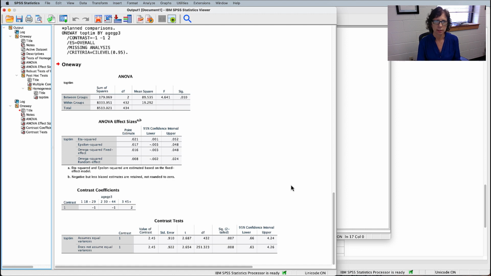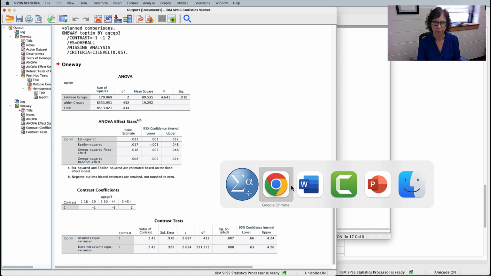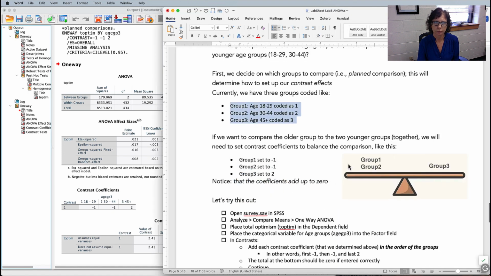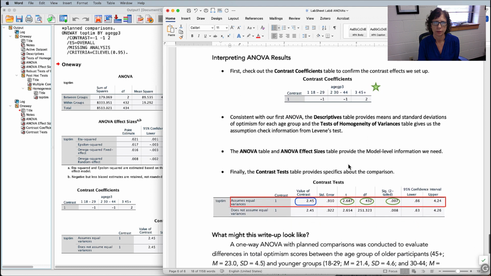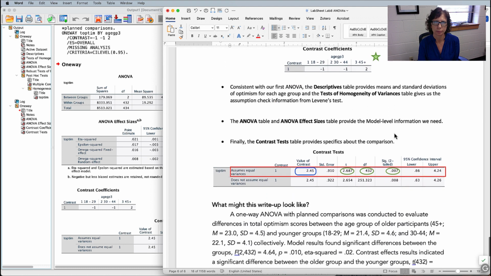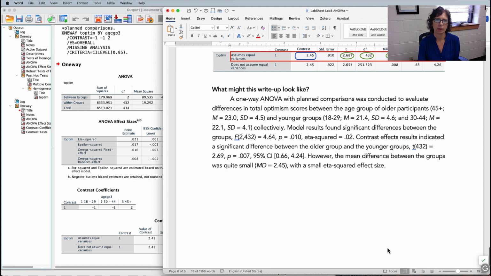So let's take a look at the write-up here. This is what we talked about. A one-way ANOVA with planned comparisons was conducted to evaluate the differences in total optimism scores between the age group of older participants and younger groups collectively.